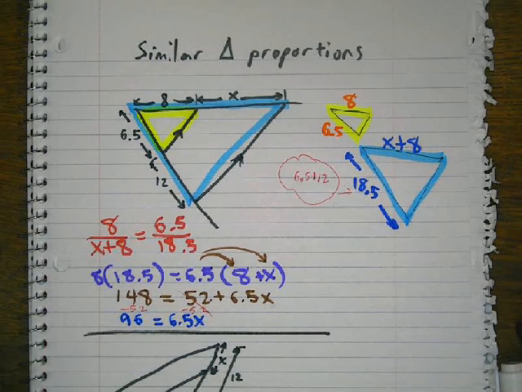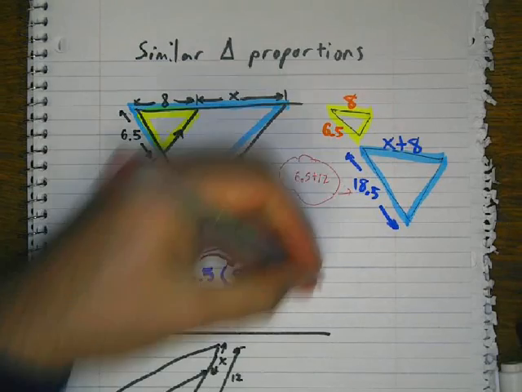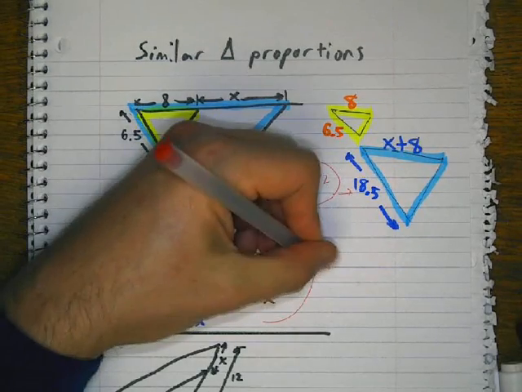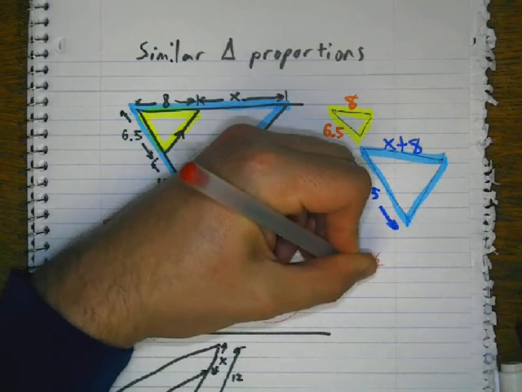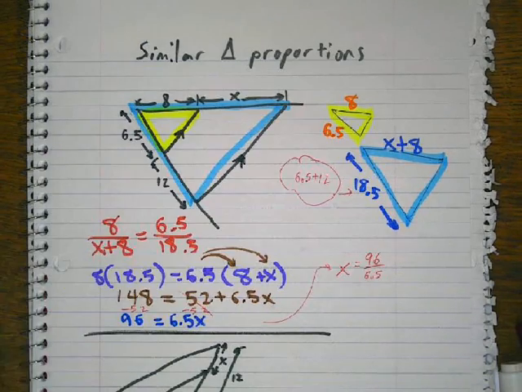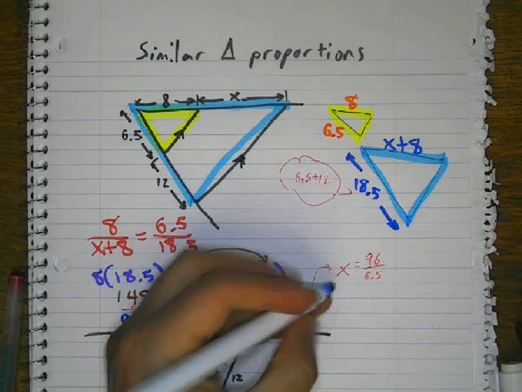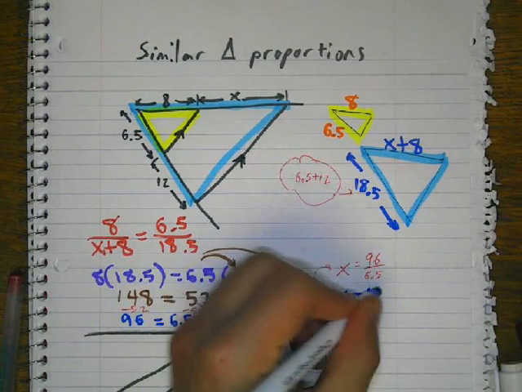And then if I divide both sides by 6.5, I end up with x equals 96 divided by 6.5, and then I get x equals 14.8.